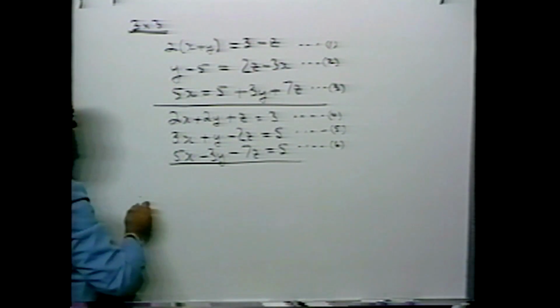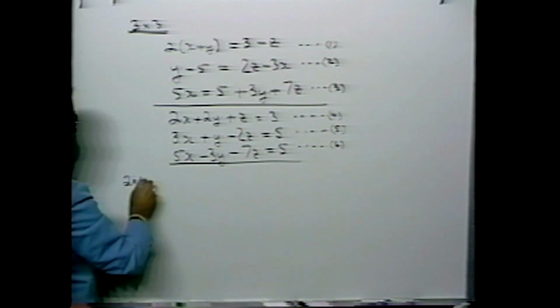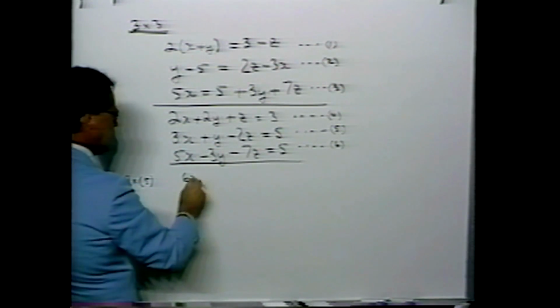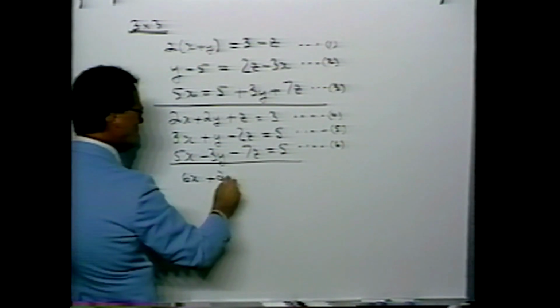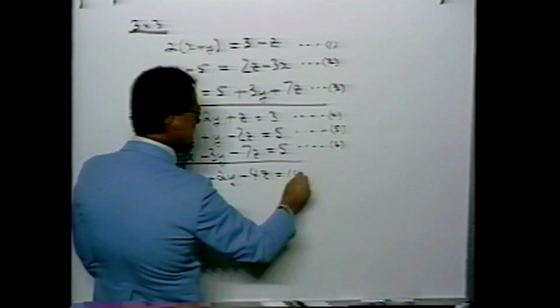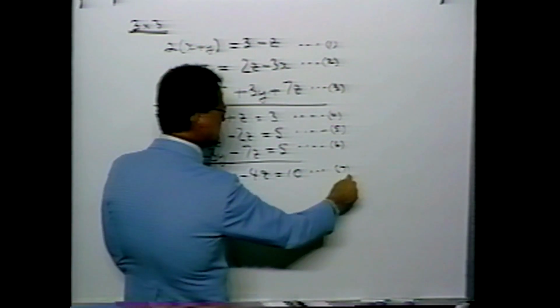So let's do that. I will write the number 2 times equation 5 equals 6x plus 2y minus 4z equals 10. Let's refer to that as equation 7.